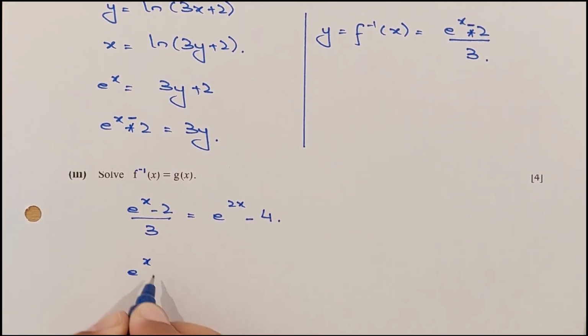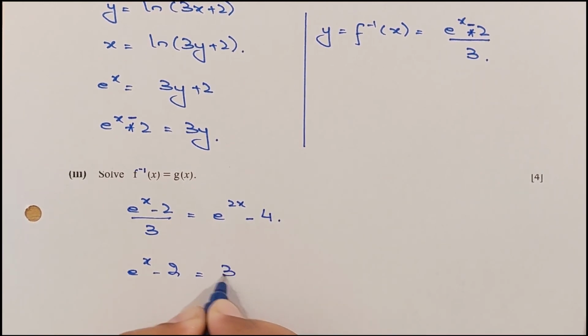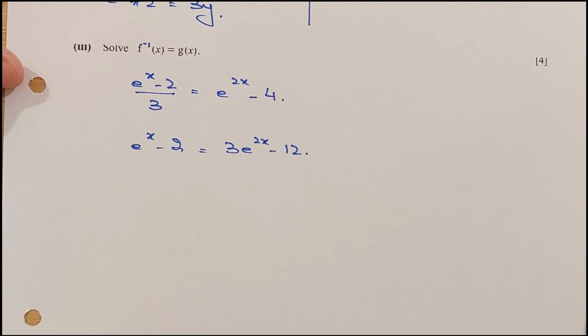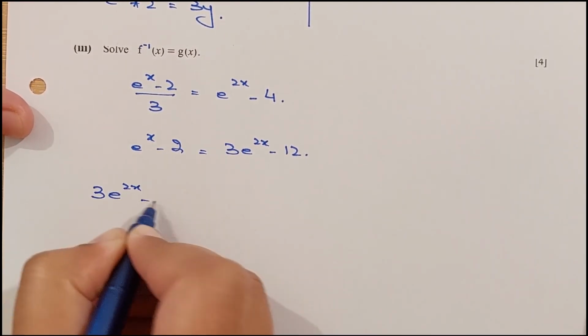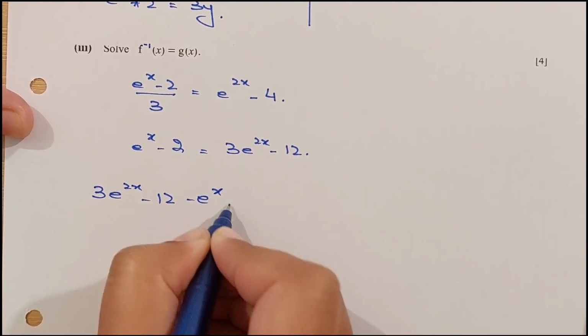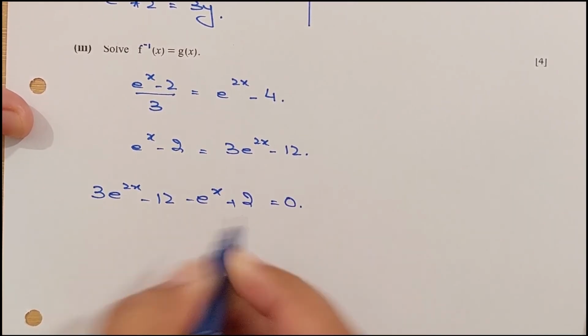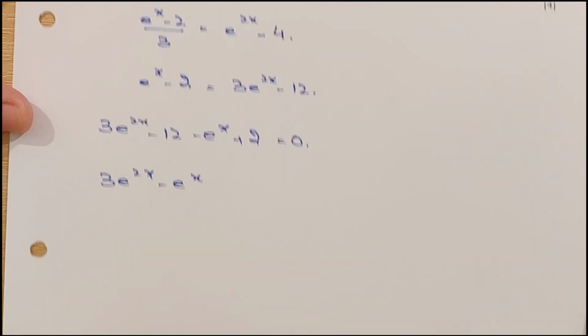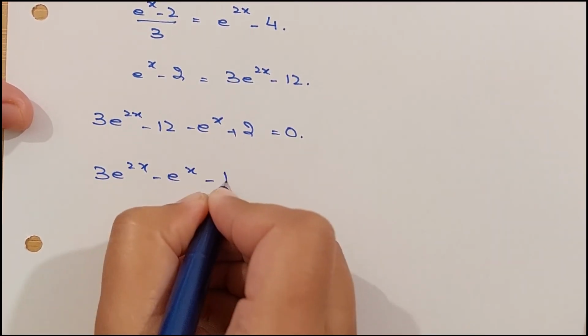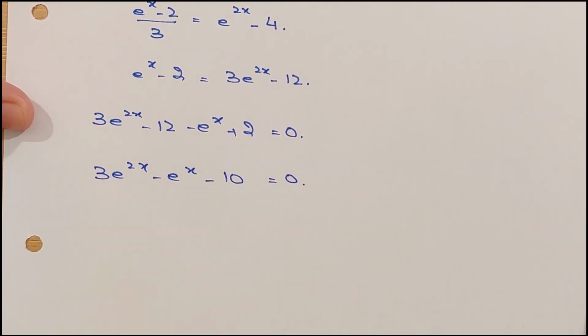So e power x minus 2 equals 3 e power 2x minus 12. Now let me simplify: 3 e power 2x minus 12 minus e power x plus 2 equals 0. So 3 e power 2x minus e power x, and from 12 take away 2 is minus 10, equals 0.